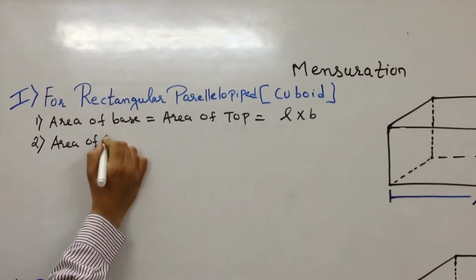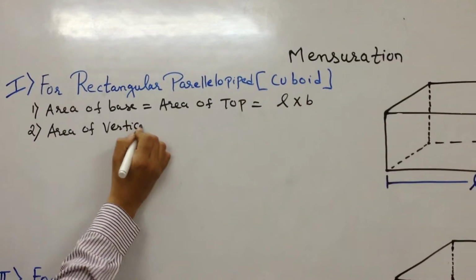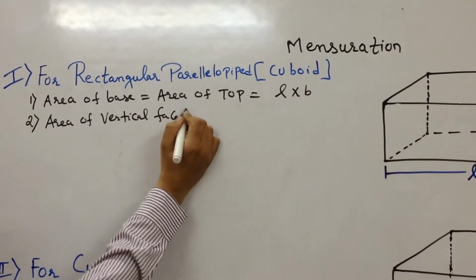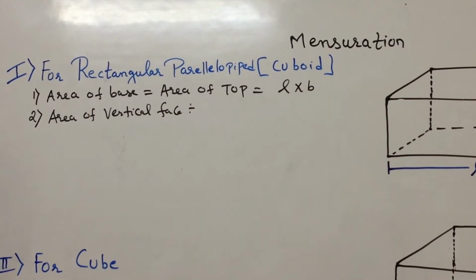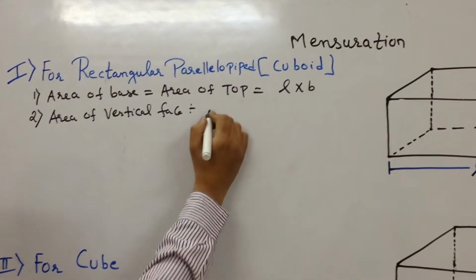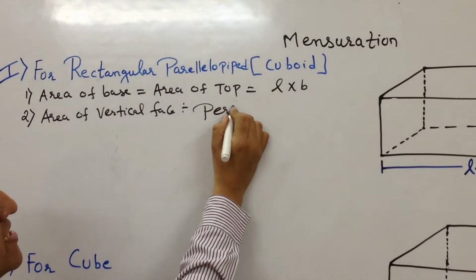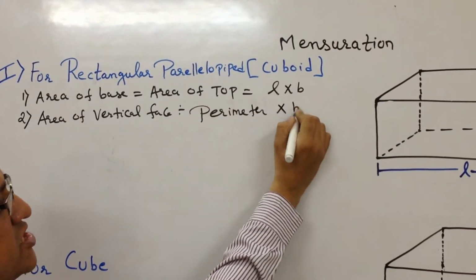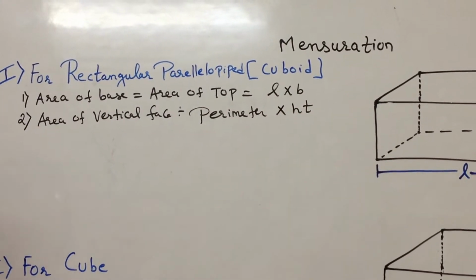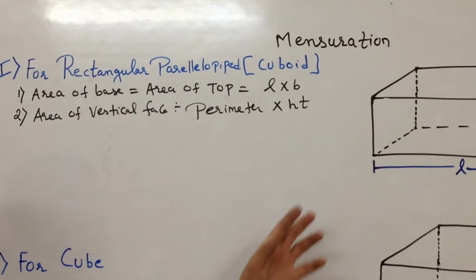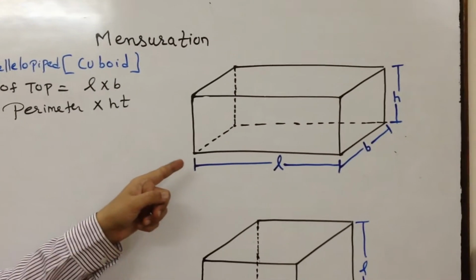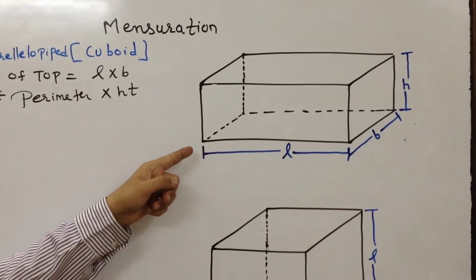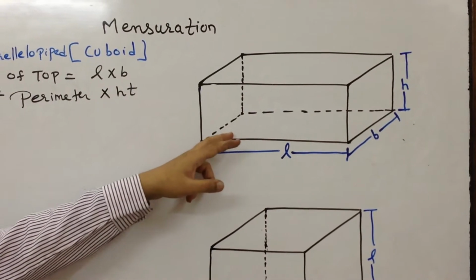Area of vertical faces. Now students, I shall give you today a general formula for area of vertical face. Area of vertical face is nothing but perimeter into height. As I stated earlier, every single face of a rectangular parallelepiped is a rectangle.